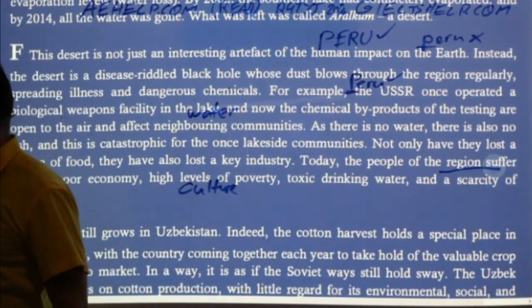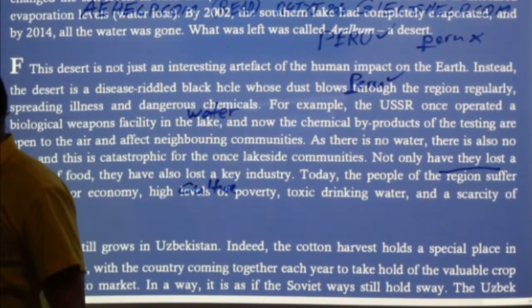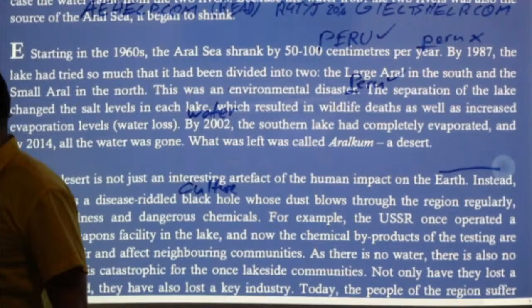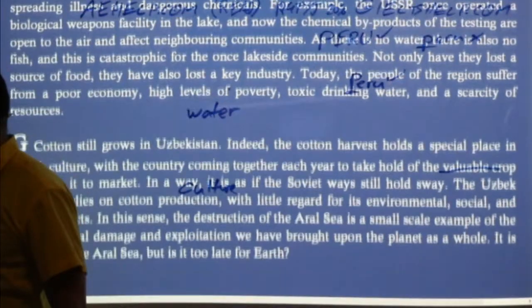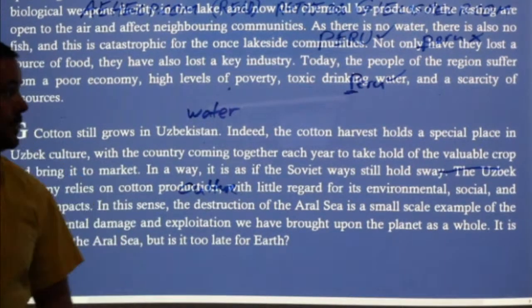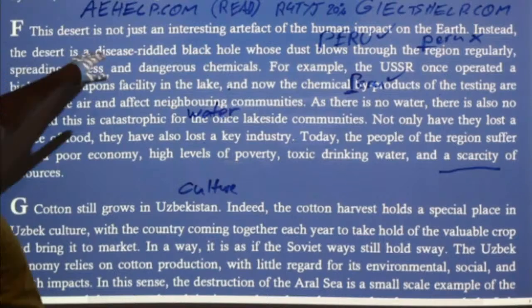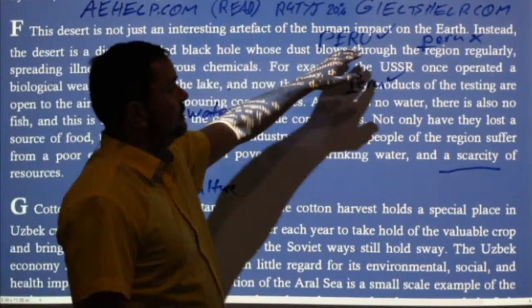Okay. Or G, right? So I go, okay, maybe that was F. So this desert is not just an interesting artifact of the human impact on Earth.